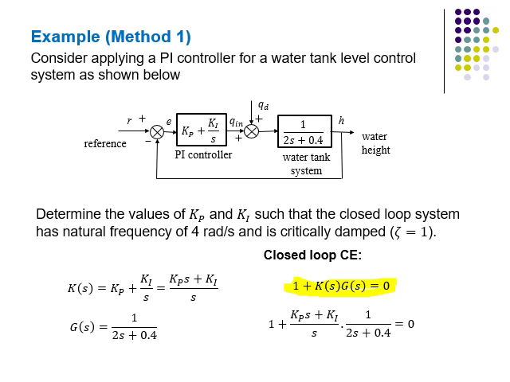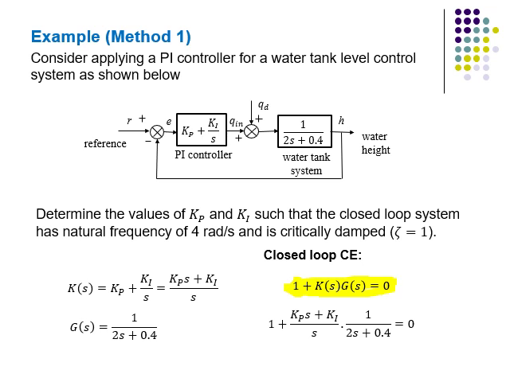This is the case for any feedback control system where there's a system with transfer function G and a controller with transfer function K. Then with negative feedback, the characteristic equation is going to be 1 plus K times G equal to 0.